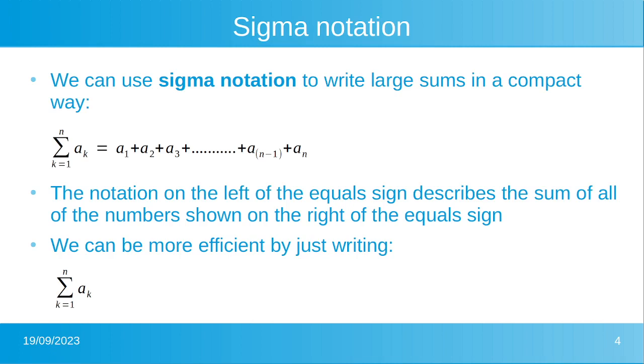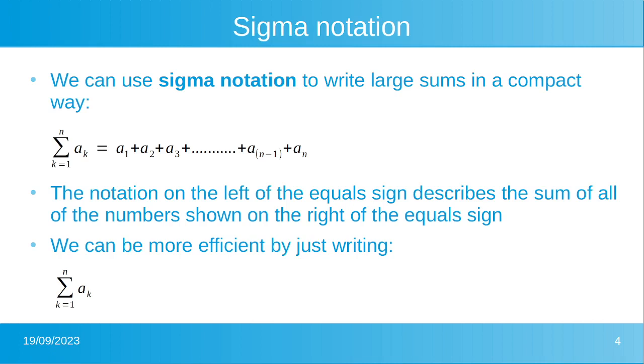So, initially, we're going to talk about sigma notation. And we're going to use this sigma notation to describe Riemann sums. And then we're going to use Riemann sums to describe definite integrals. So, a quick recap of sigma notation. We can use sigma notation to write large sums in a compact way.